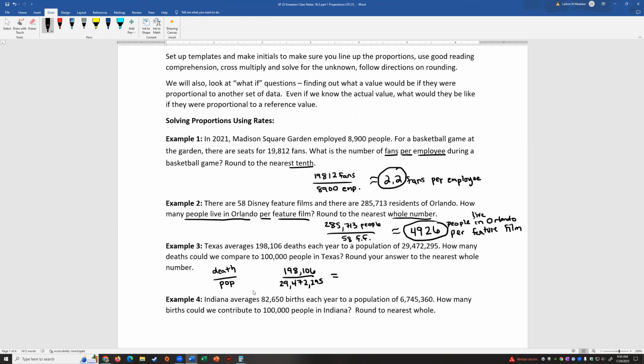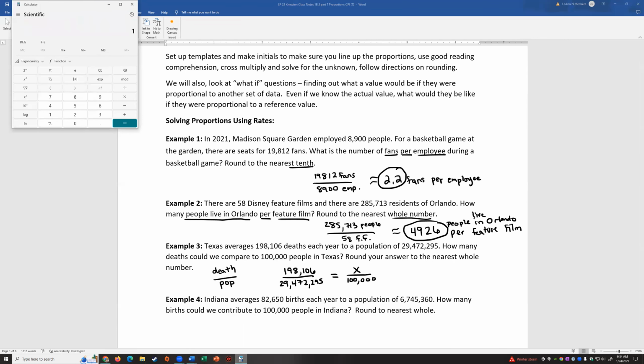And we want to scale this to, well, how many deaths is that per 100,000 people in Texas? So population to population, we're scaling this down, essentially. This is total population in Texas, but what if we just wanted to know how many deaths they expect per 100,000 people?